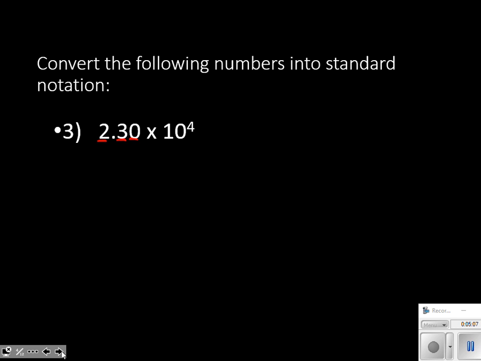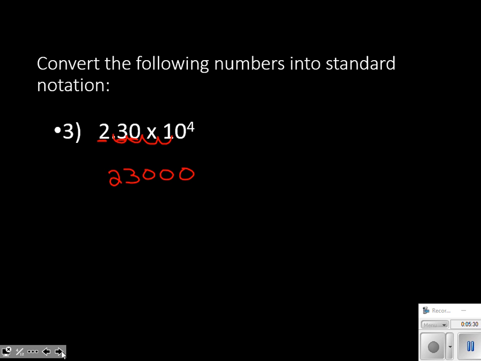I am going to move the decimal that way, 1, 2, 3, 4. So I need to have a couple more placeholders. So I have 2, 3, 0, 0, 0 as my number.